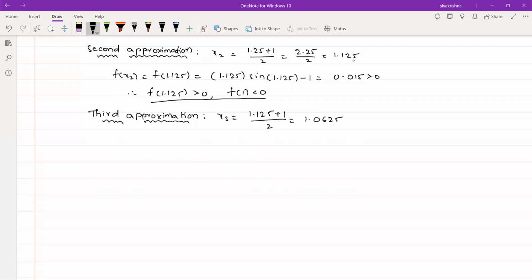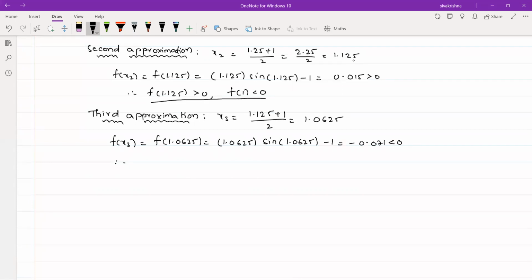Immediately after getting x3, we have to find f of x3, that is f of 1.0625. We substitute this value in the given equation, so we get 1.0625 into sine of 1.0625 minus 1. This is equal to minus 0.071, which is a negative value.